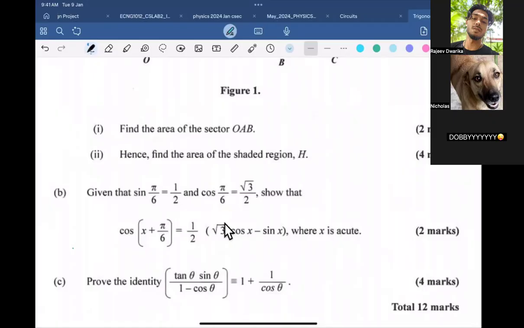Yeah, so Nicholas, copy down the question. This is also a very difficult question. I wouldn't say as difficult as the last question though. One tier below.